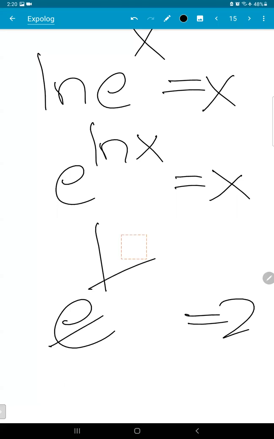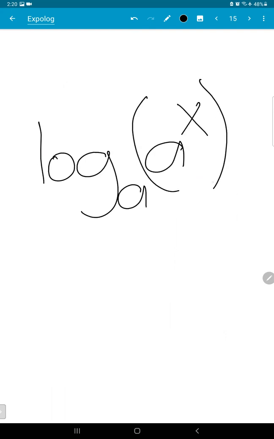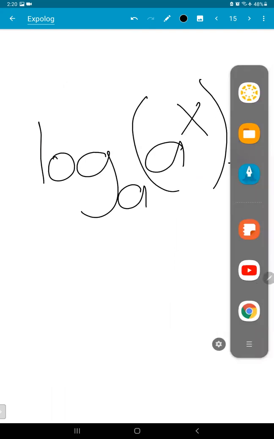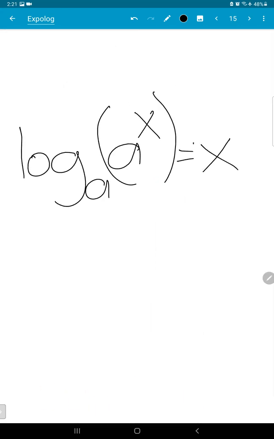And more generally, we have the following. Logarithm to base a of a to the x is x. Okay? They are inverse functions. This is logarithm base a. This is exponential base a. So we get back to the input x.